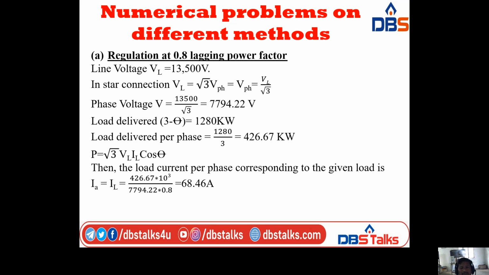Load per phase is 1280 divided by 3, that is equal to 426.67 kilowatt. Now power is equal to root 3 VL IL cos phi, therefore IL is equal to P by root 3 VL cos phi. So we get Ia equal to IL equal to 68.46 amperes.